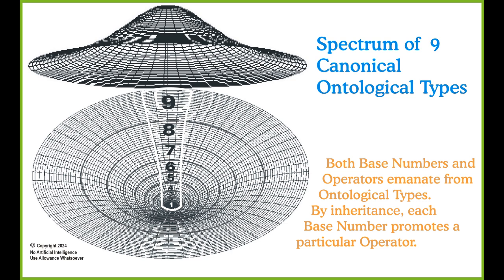Number 0 is not part of this order, making it a spectrum of 9 quantigeometric operators, which I now enumerate. Type 1 operator, Type 2 operator, Type 3 operator, Type 4 operator, Type 5 operator, Type 6 operator, Type 7 operator, Type 8 operator, and Type 9 operator.